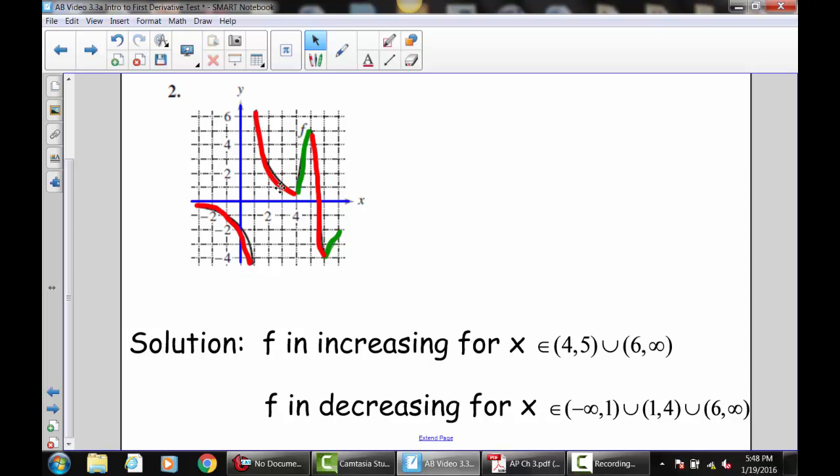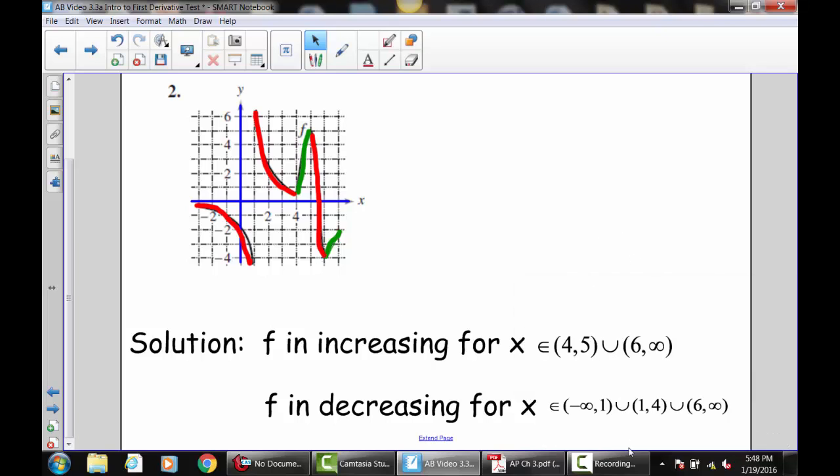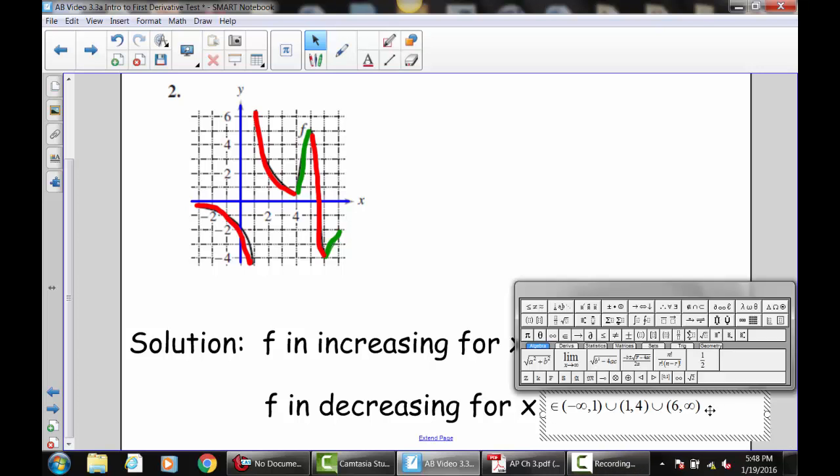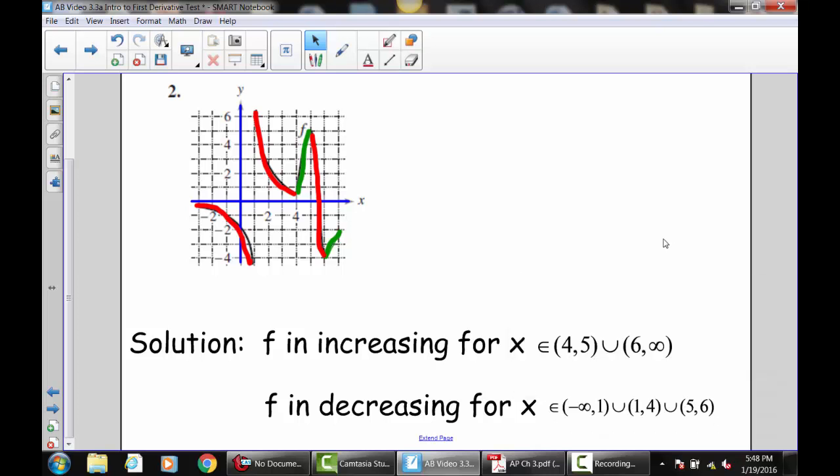It's decreasing from 1 to 4, and it's decreasing from 5 to 6.